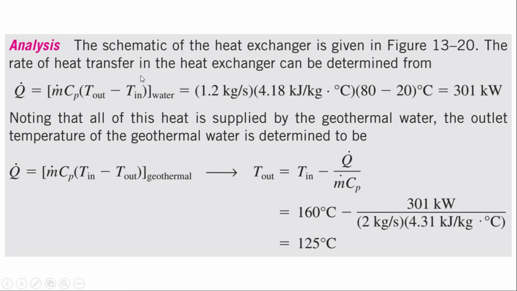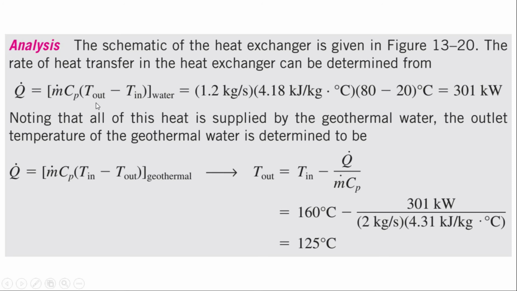The schematic of the heat exchanger is given in the previous diagram. The rate of heat transfer can be determined by using this formula, that is, how much heat is being taken up by the cold fluid. This is the simplest formula that we can put for the cold fluid stream. Why do we put this formula for the cold fluid stream?